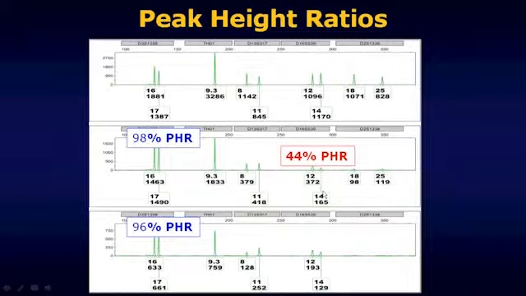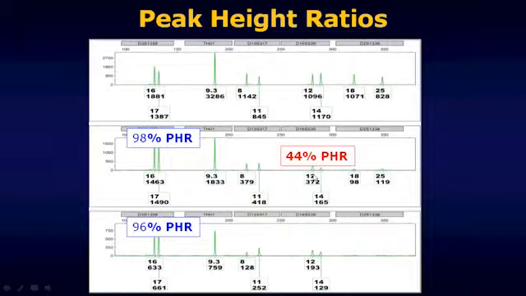It could mean a couple of things. It could mean that we're actually here not looking at a single source sample, but rather DNA that's come from two people. One person perhaps contributing a 12 and a 12, and another person contributing a 14 and a 14. Maybe they didn't start out with the same contributions.